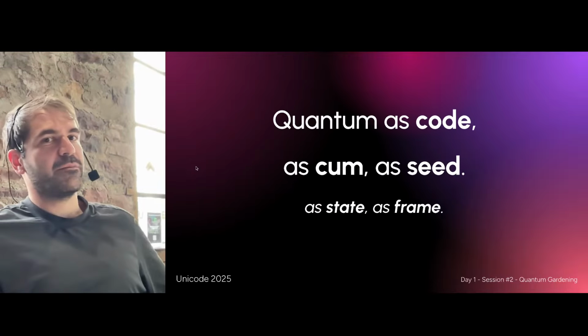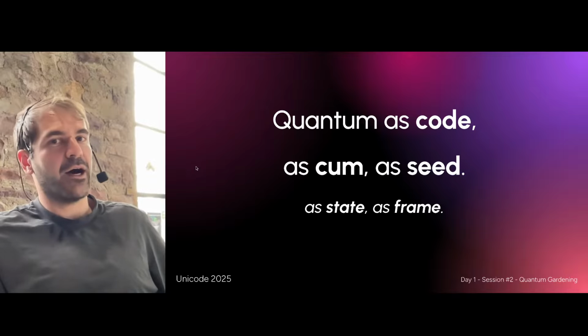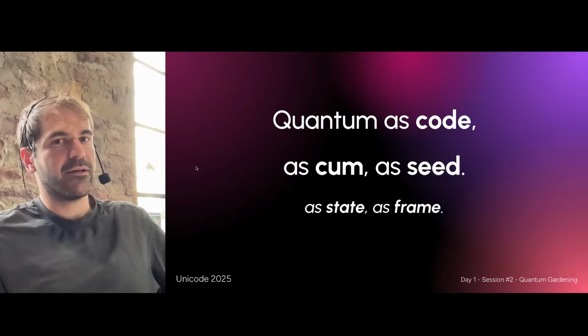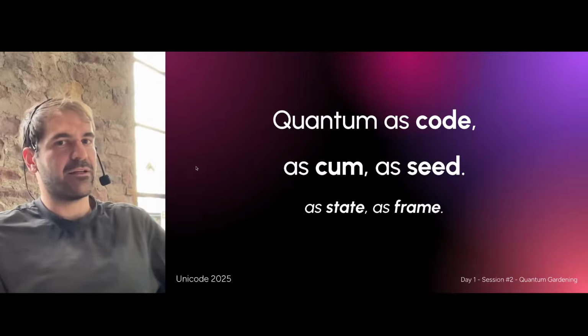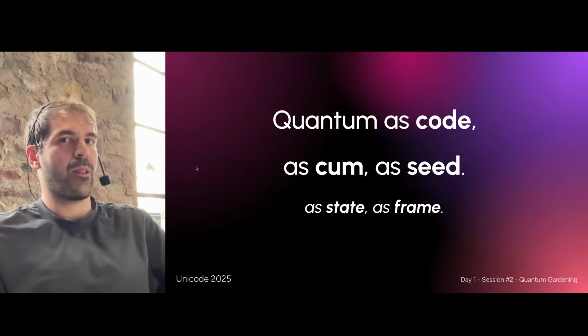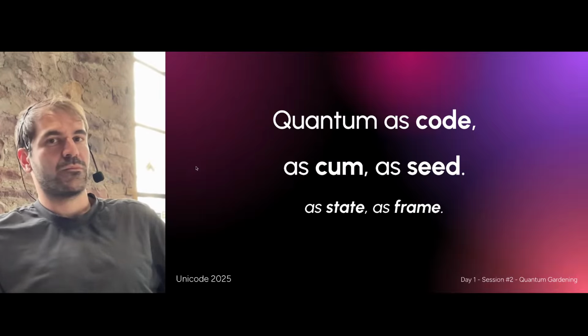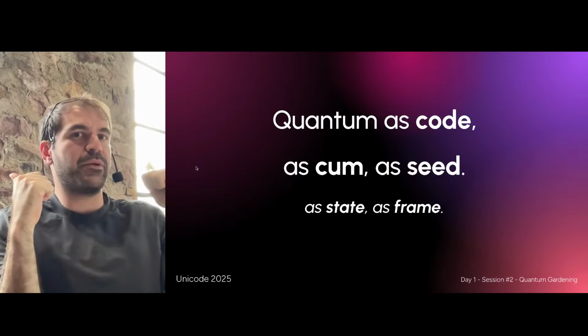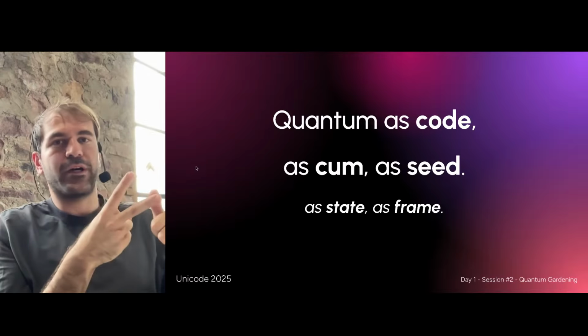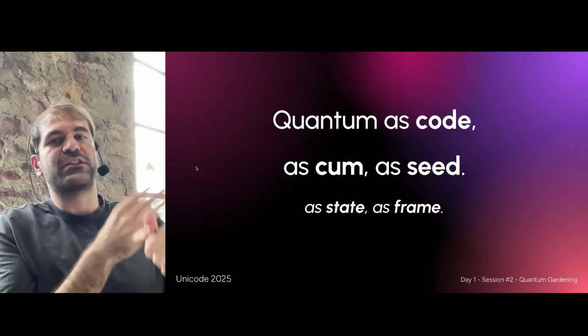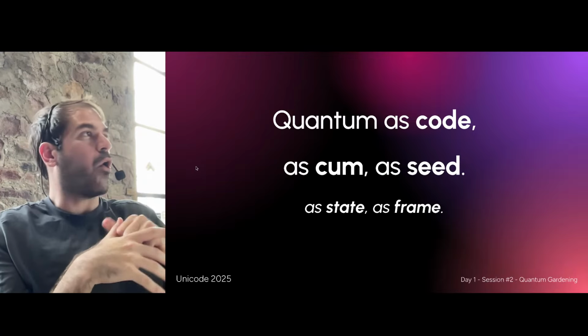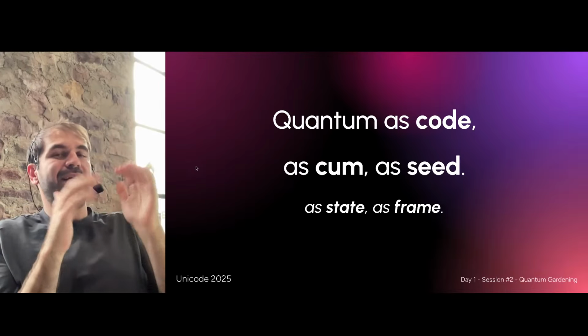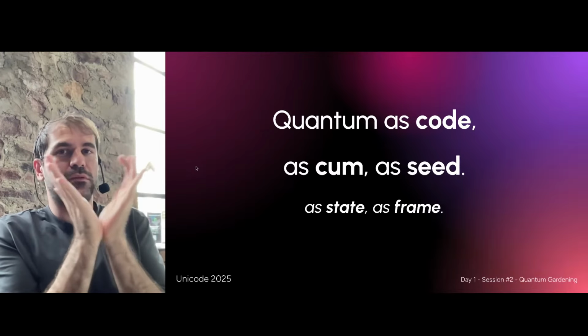So quantum as code, as come, as seed, as state, as frame. So that infinite potential, the superposition of all possibilities, is all codes, all come, all seeds, all states, all frames, all code points. And it's that conscious manifold.